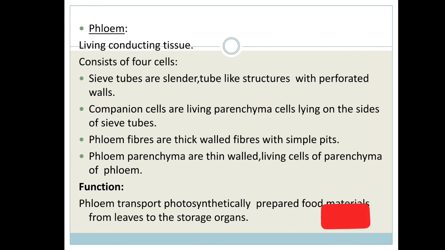Then phloem parenchyma are thin-walled living cells of the phloem, and the main function of the phloem is to transport photosynthetically prepared food materials from the leaves to the storage organs.